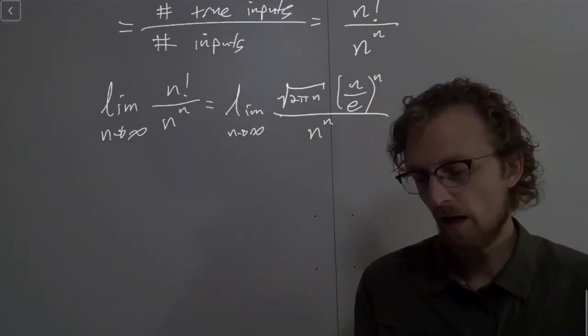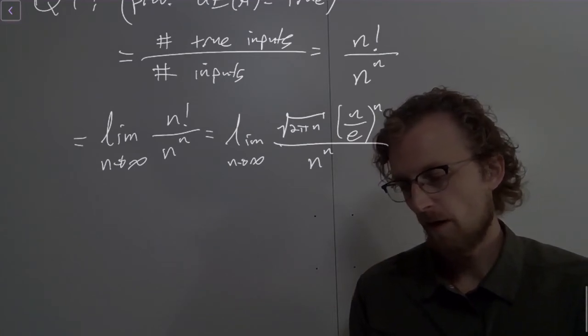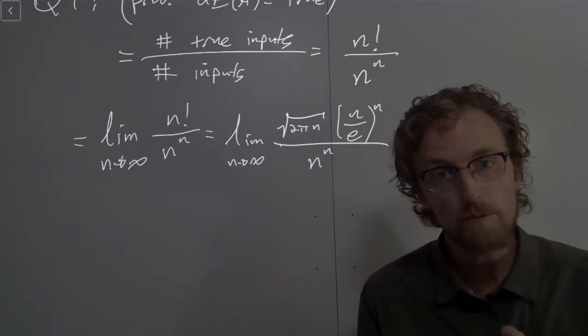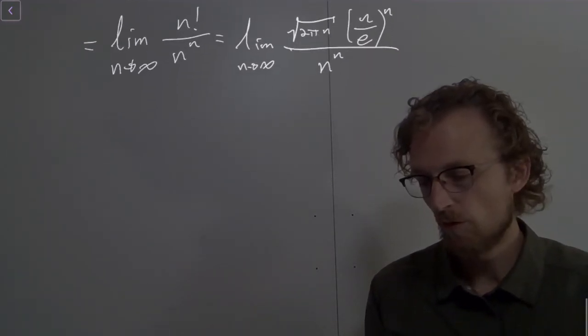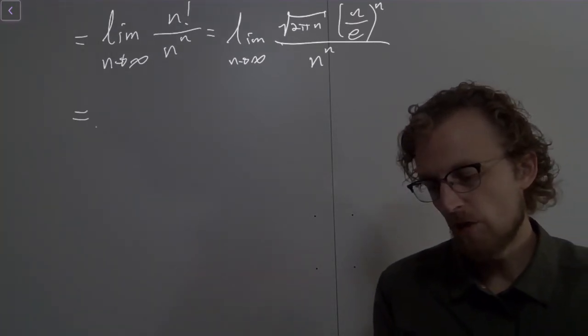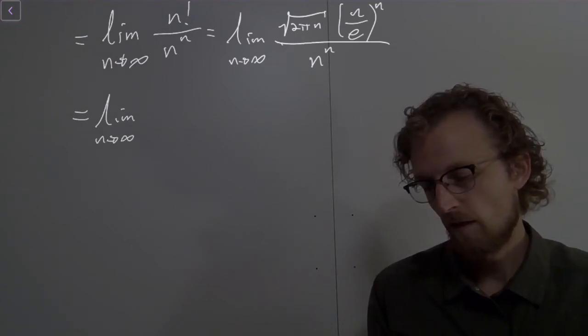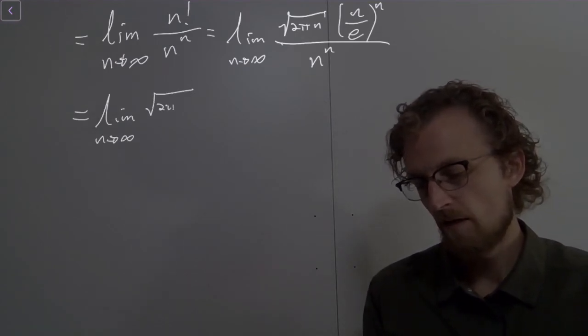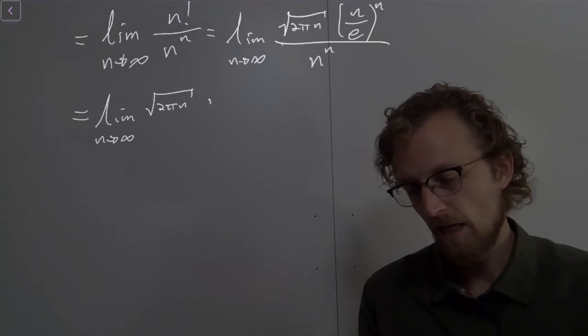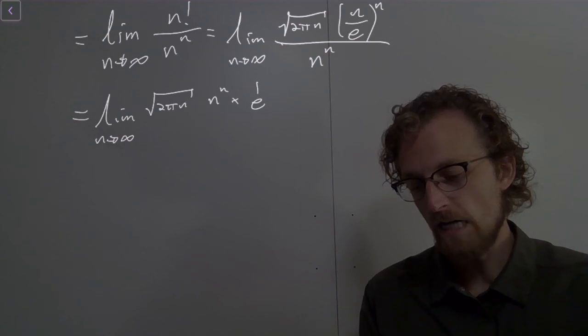Okay, what does this do when I chase it through? And so this is all the same probability. Remember, I'm calculating the probability that my algorithm returns true in the large n limit. So this equals the limit as n approaches infinity of 2 pi n times n to the n times 1 over e.